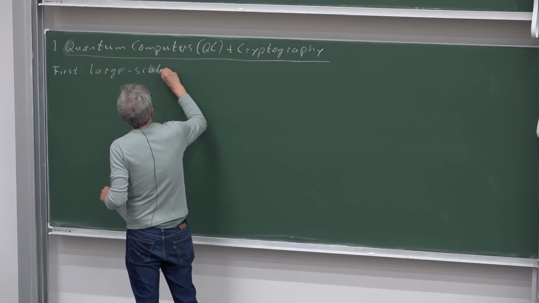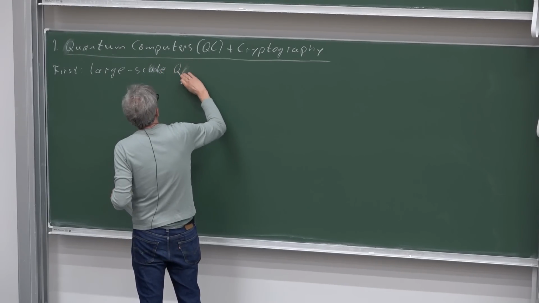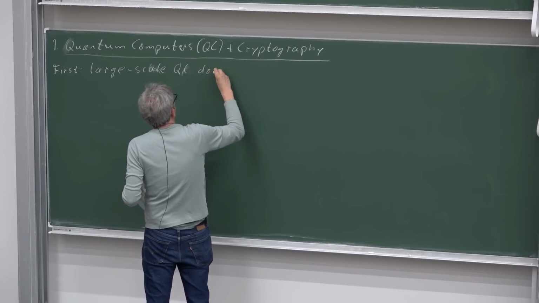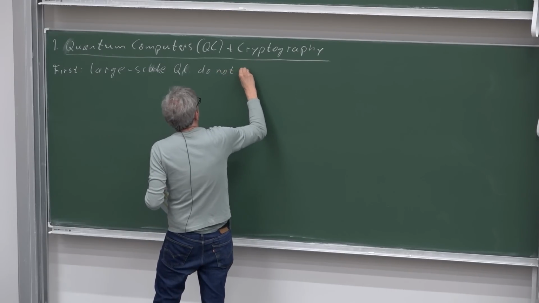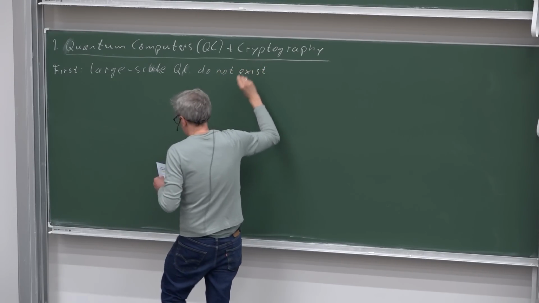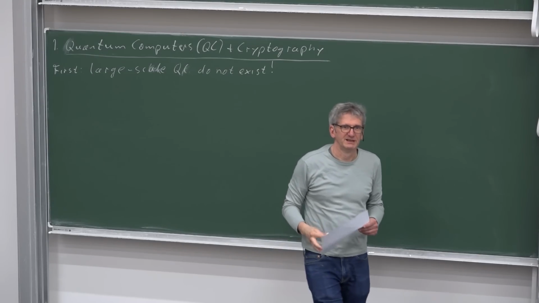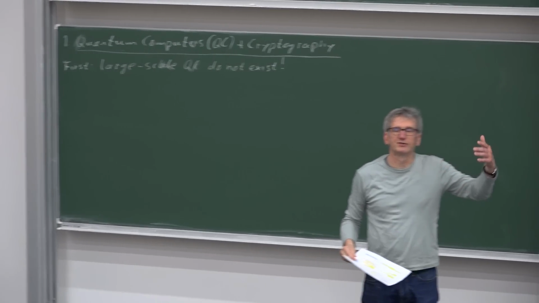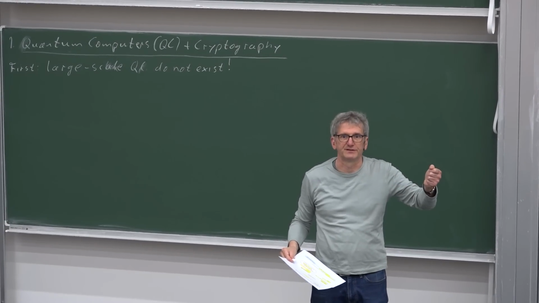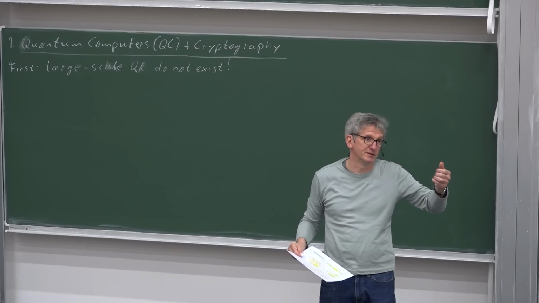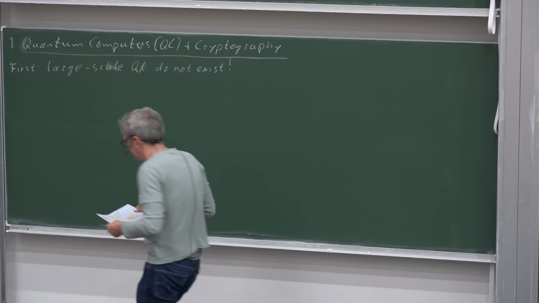Large scale QC do not exist at the moment. You can't go to eBay or MediaMarkt and buy a quantum computer for $10,000. You can't even buy it for $10 million.